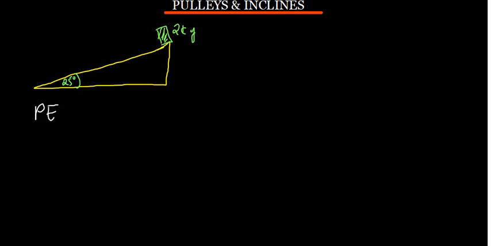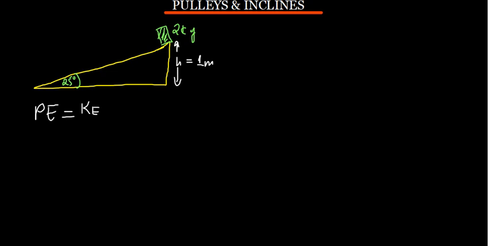By the time this box reaches the bottom, we don't have any height, so there's no potential energy, because potential energy should have some height. So the whole potential energy is going to be converted into kinetic energy.